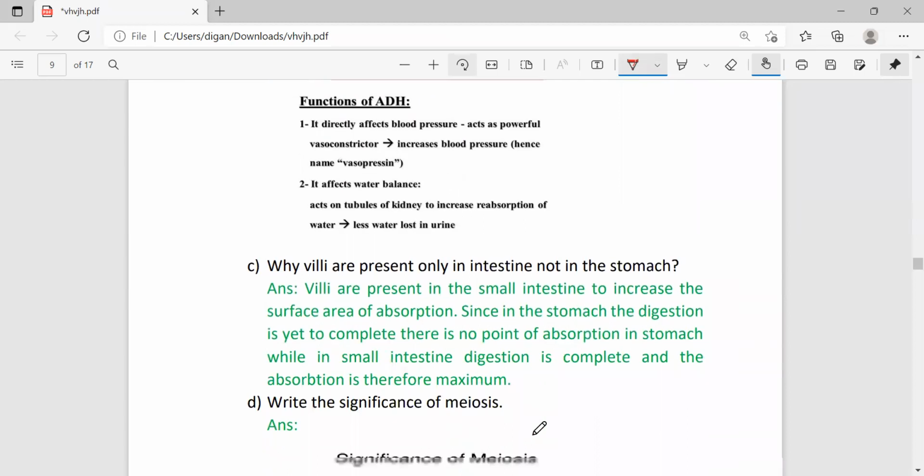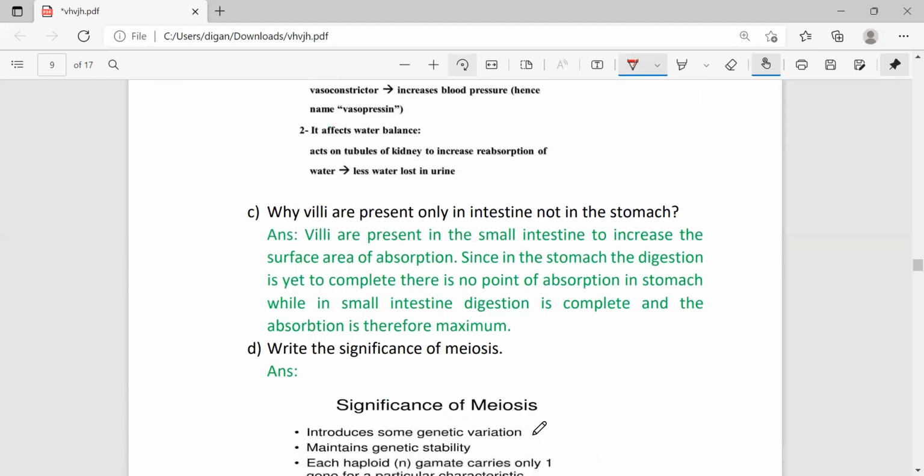Next, why villi are present only in intestine, not in the stomach? In stomach, the digestion process is going on, but in intestine, the digestion process is completely over. So the maximum absorption takes place in intestine, and the area of the intestine should be more than the area of the stomach.